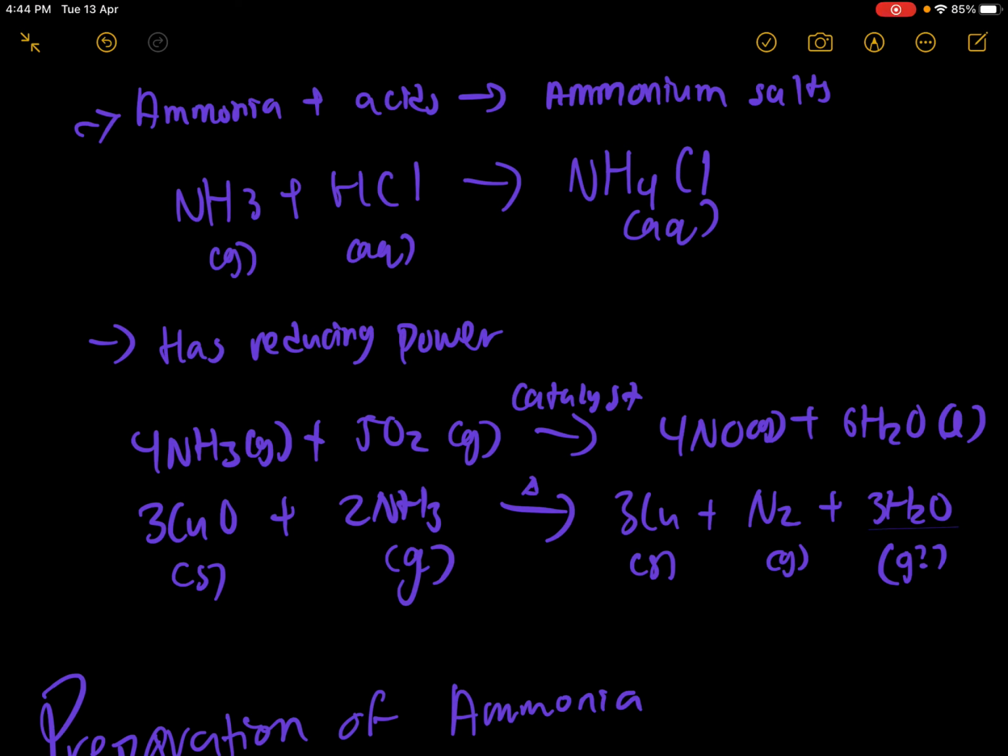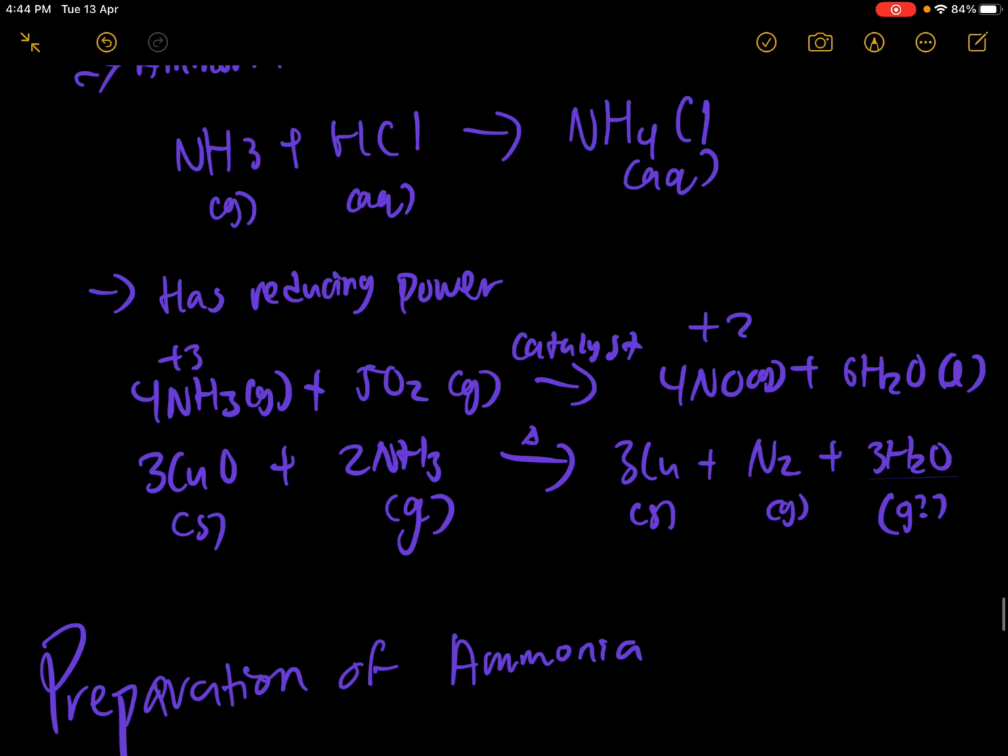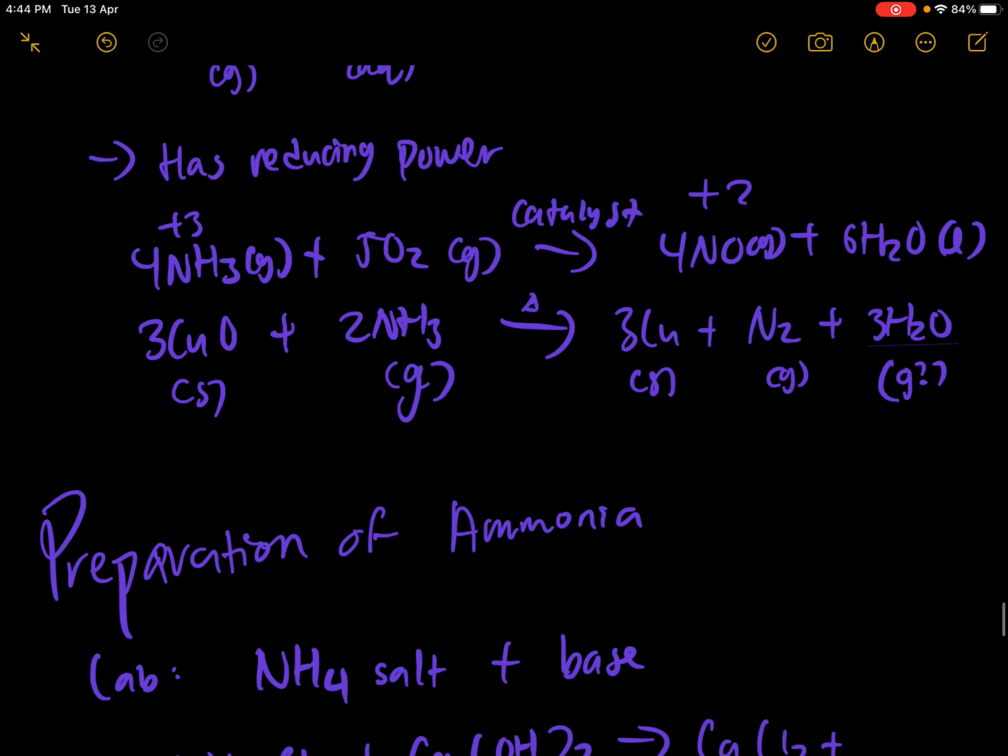Since the nitrogen is going to reduce... it's terbalik this time. Is it terbalik? Let me see. So here is +3, here is +2. Let me see if I wrote it correctly. Okay, I think this one is different.